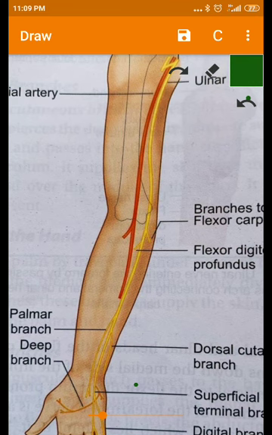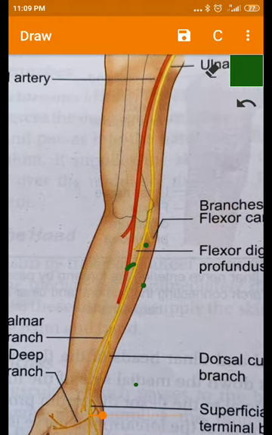nerve. Okay, in the upper part of the forearm, the nerve is deep to the flexor carpi ulnaris and to the flexor digitorum superficialis, isn't it? Flexor carpi ulnaris is also a superficial muscle, and flexor digitorum superficialis is also a superficial muscle.